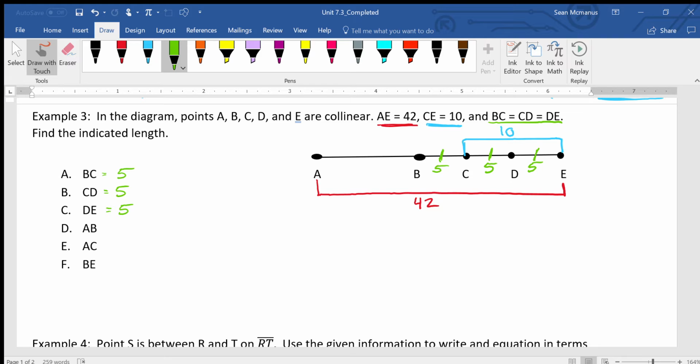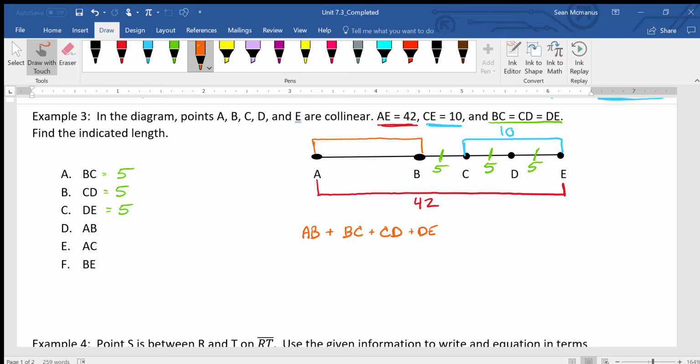AB, I need to determine the length of AB, so let me find a new color here. So AB, this segment right here, I know that AB plus BC plus CD plus DE, right?